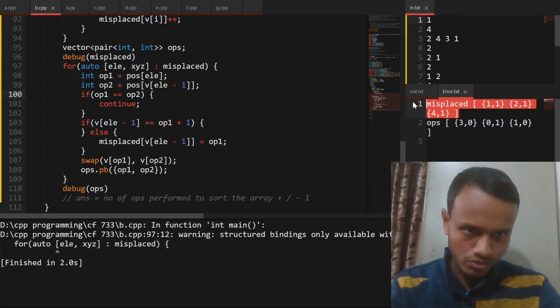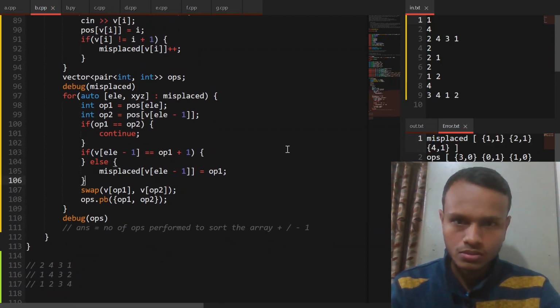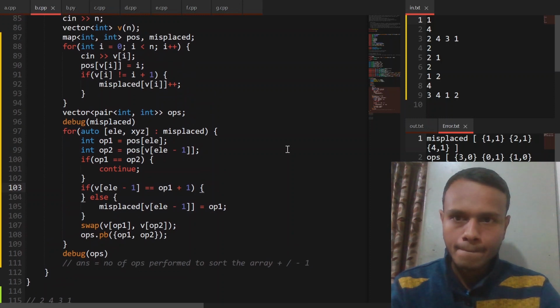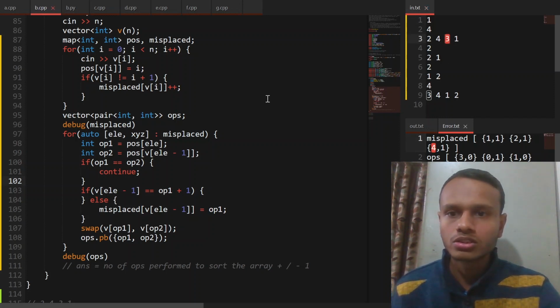So we have 1 1, 2 1 and 4 1. Yeah, 1 should be at 0, 2 should be at 1, 4 should be at, yeah, only 3 is at the right position.